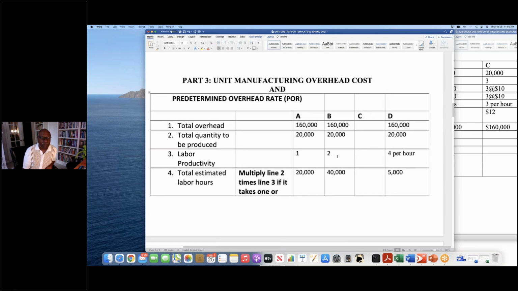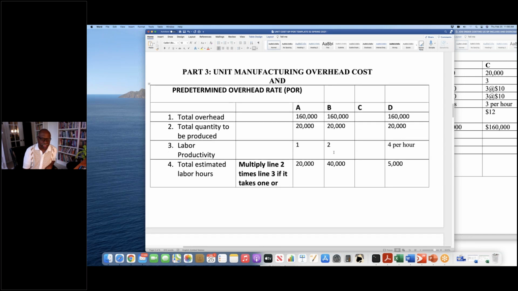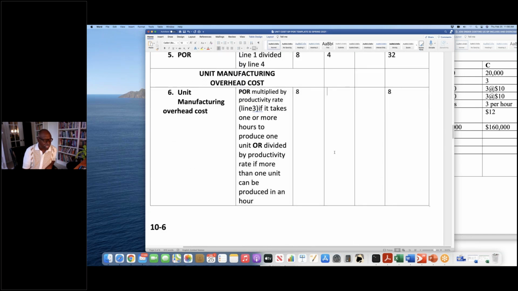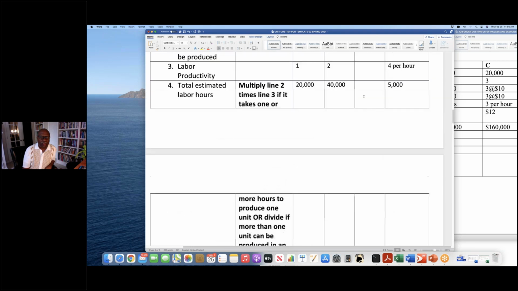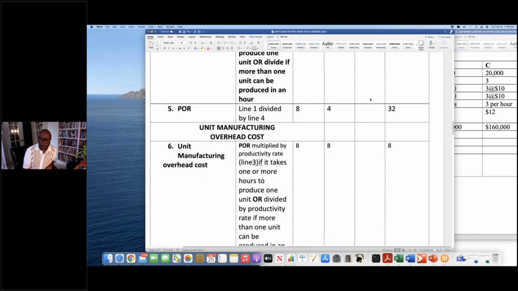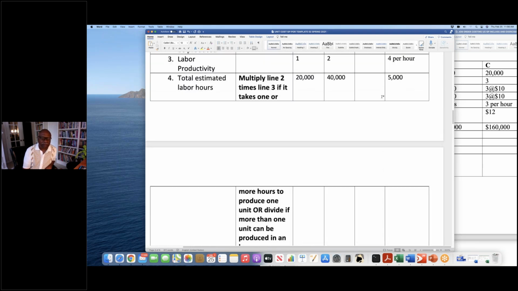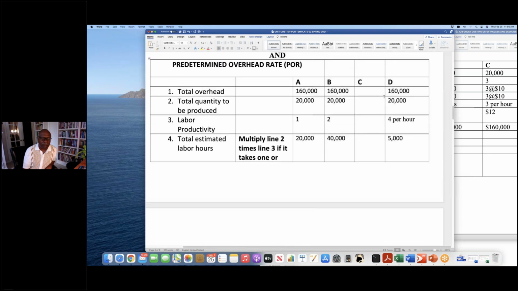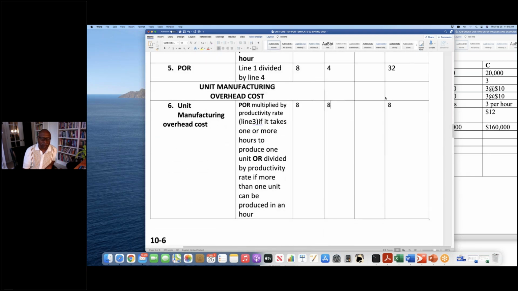Line 3 has what on it? 2. So what's 2 times 4? 8. That typically is 8. So we're going to do it to 8.